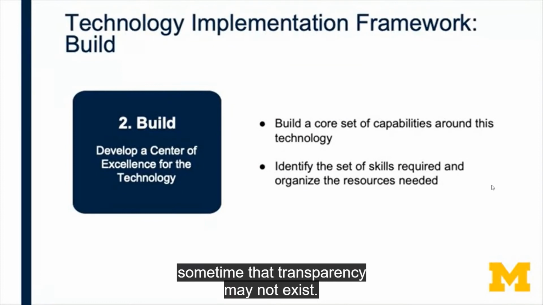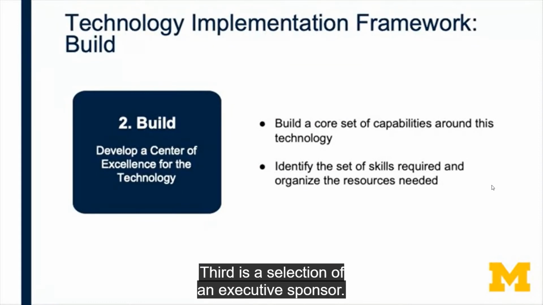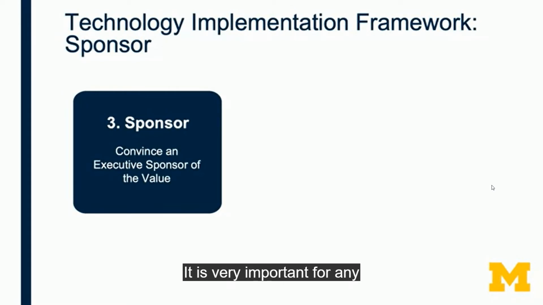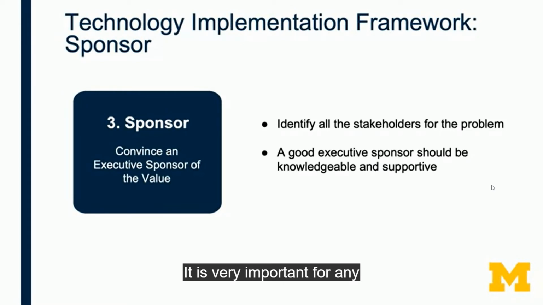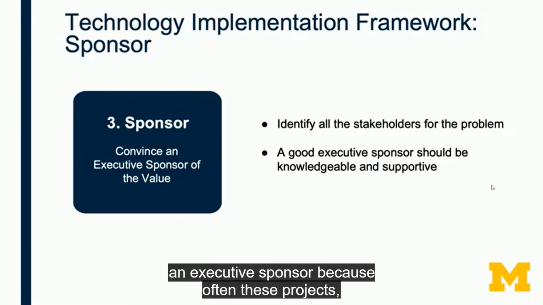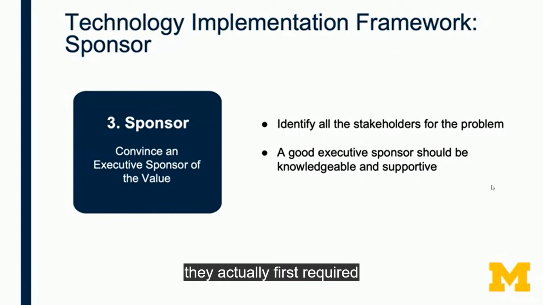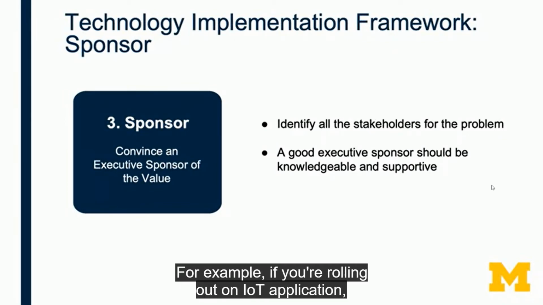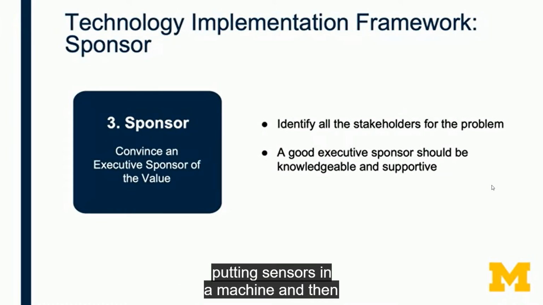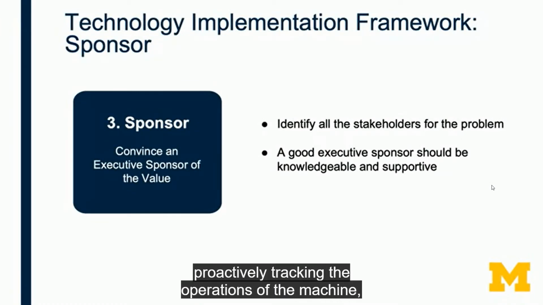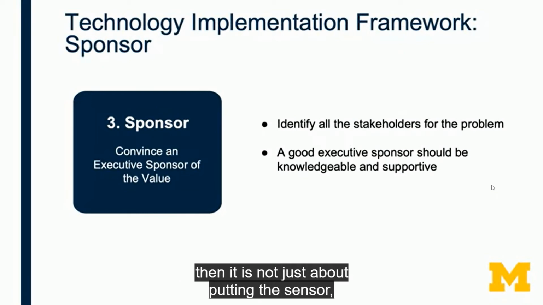Third is the selection of an executive sponsor. It is very important for any IIoT project initiative to have an executive sponsor because often these projects first require cooperation from multiple units. For example, if you're rolling out an IIoT application, putting sensors in a machine and then proactively tracking the operation of that machine, it's not just about putting the sensor; the technology piece often becomes easier.